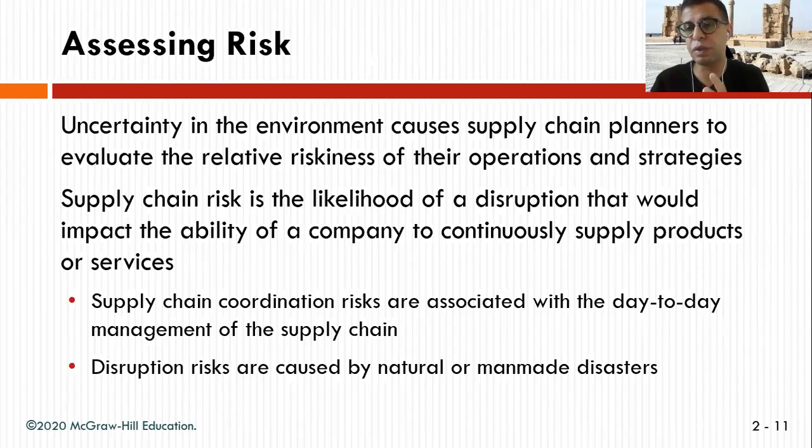A simple example is no electricity, so you cannot operate a dark manufacturing, for example. Or there is no water, so you cannot cool the machines, or no internet, so you cannot provide the services. These are all risks.